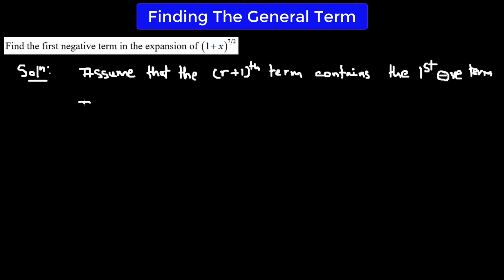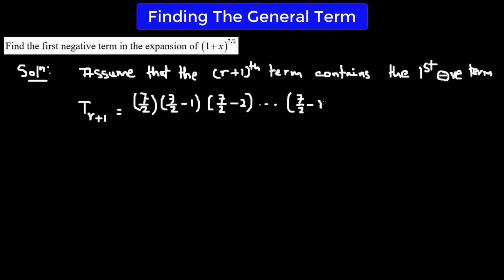So we find the value of t_(r+1), which is simply going to be 7/2 times (7/2 - 1) times (7/2 - 2) all the way up to (7/2 - (r - 1)), divided by r factorial, times x^r.